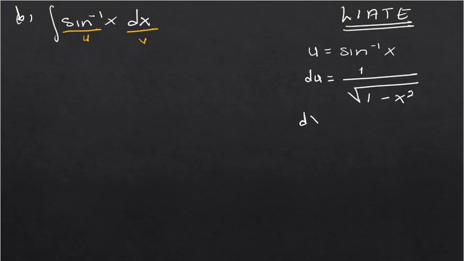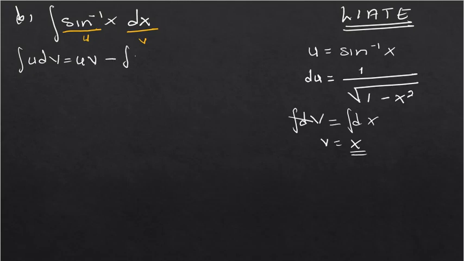Of course I like writing it as dv is equal to dx. If I integrate this, my v is going to remain as x. So from here, I'll use my formula. The integral of u dv is going to equal uv minus integral of v du.